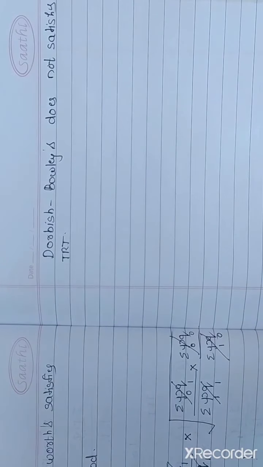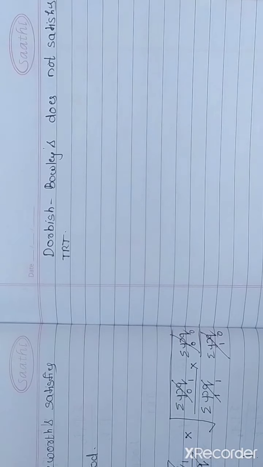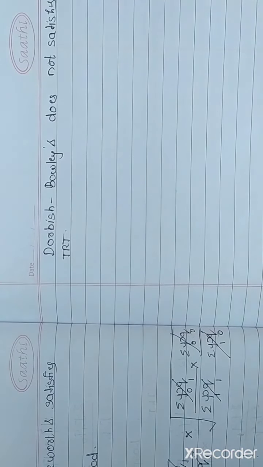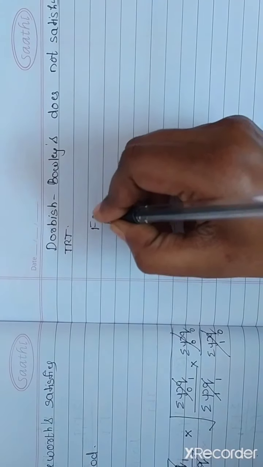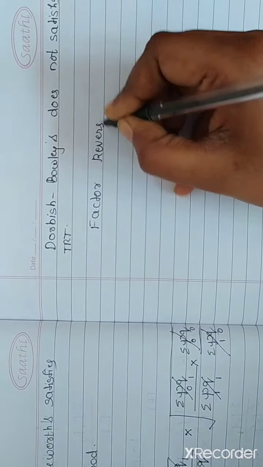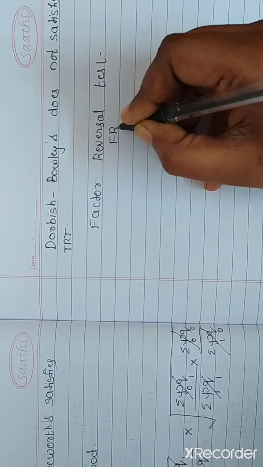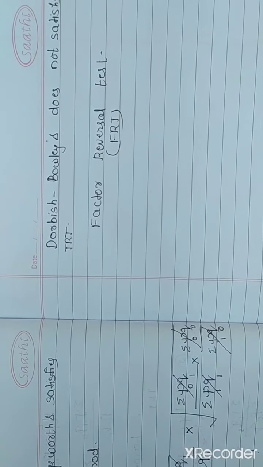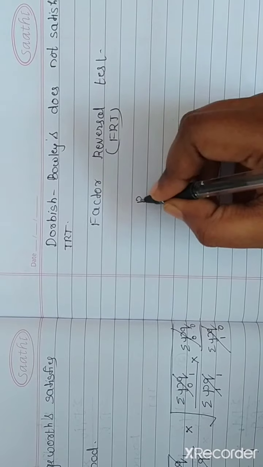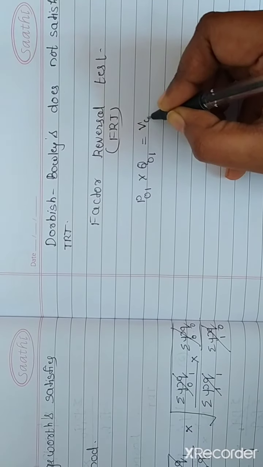Now we'll consider the factor reversal test, FRT. What is the condition for FRT? That is P01 into Q01 is equal to V01.